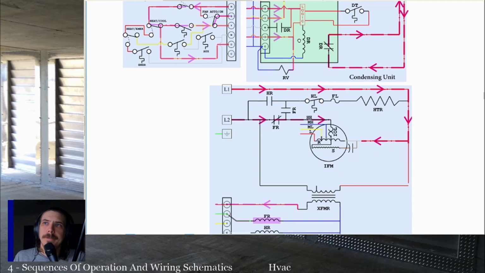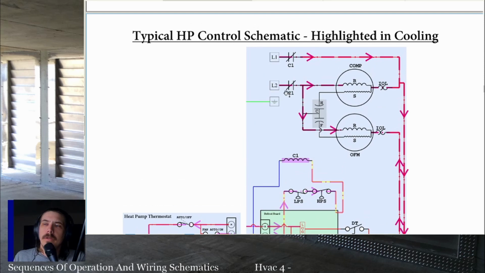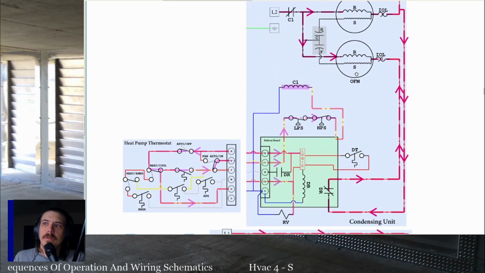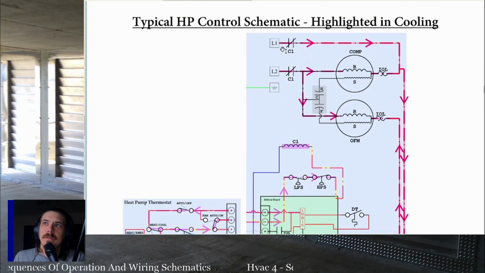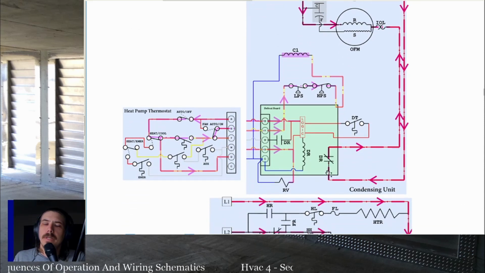In the condensing unit, R is powering the outdoor circuit board. Y is going through the low pressure switch, through the high pressure switch, over to the contactor coil that closes these contacts, powering the compressor and the outdoor fan motor. Notice on the outdoor fan motor, we come down through a set of contacts.